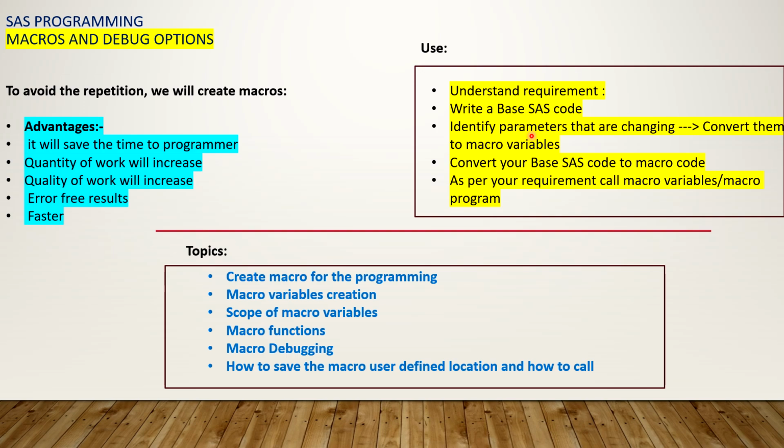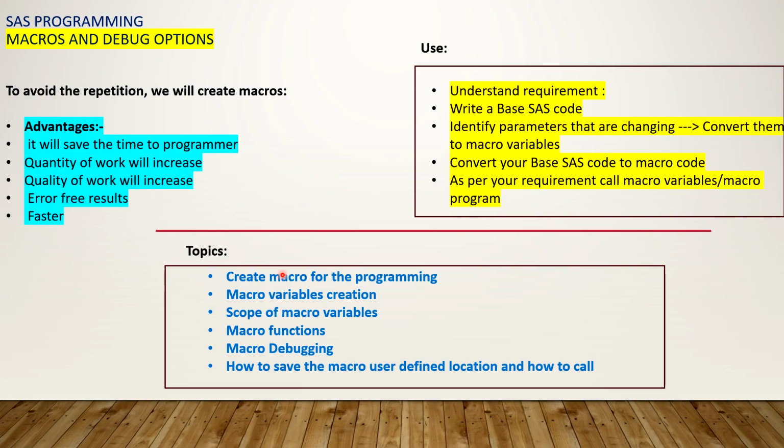Then you need to understand which variables are going to change, and you convert those variables to macro variables. Then the total program is converted into macro code. Then, as per the requirement, you can call the macro variables and macro programs.